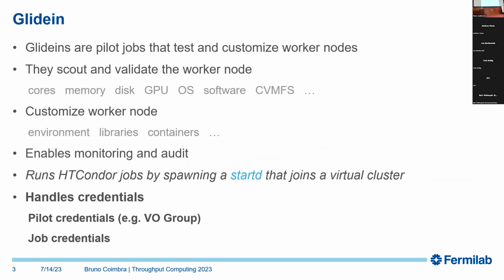But most importantly, they will spawn a startd, which is the Condor component that will actually talk to the user pool collector. They register themselves as slots and start running jobs as they match the slots. For this presentation's context, what we really care about the Glideins here is that they are the ones responsible for handling pilot credentials and job credentials.